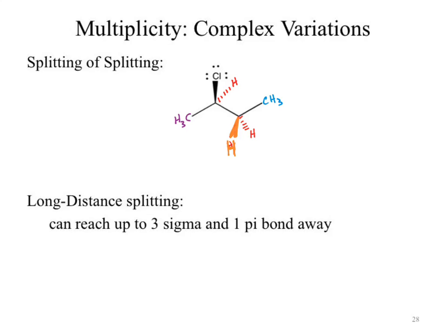If we look across that bond, the orange hydrogen sees chlorine wedged. What does the red hydrogen see? It sees the dashed hydrogen. Those two hydrogens are technically different from each other.